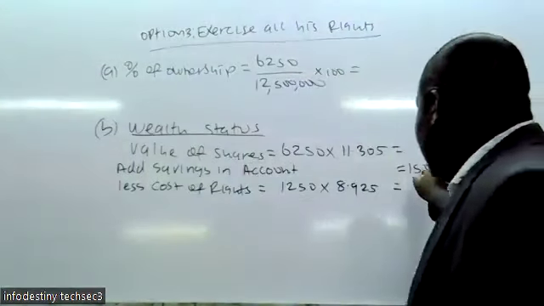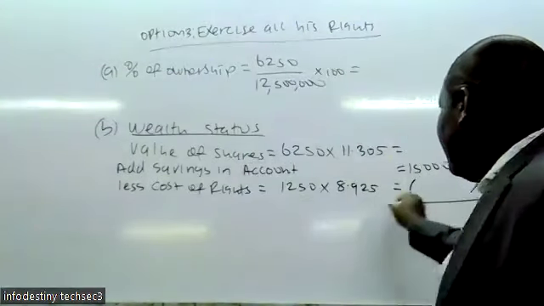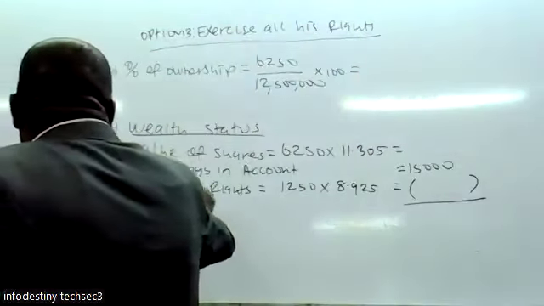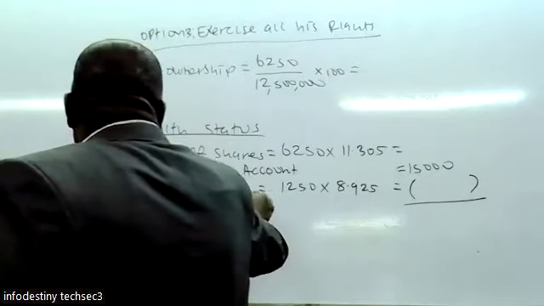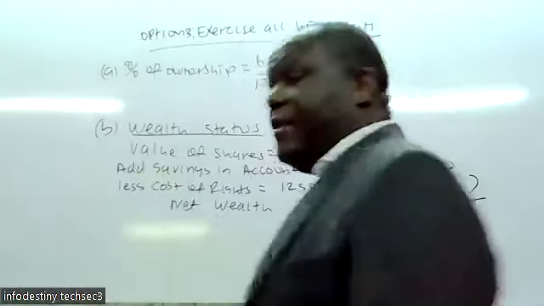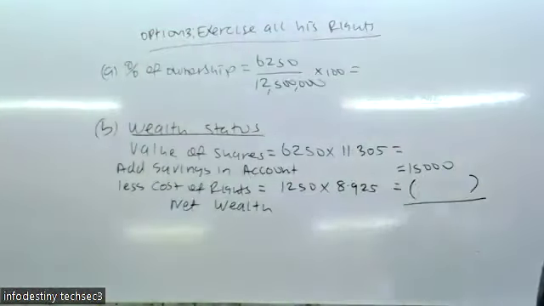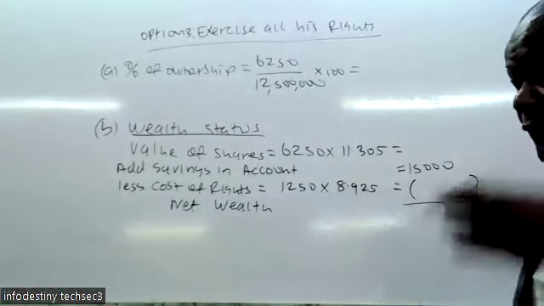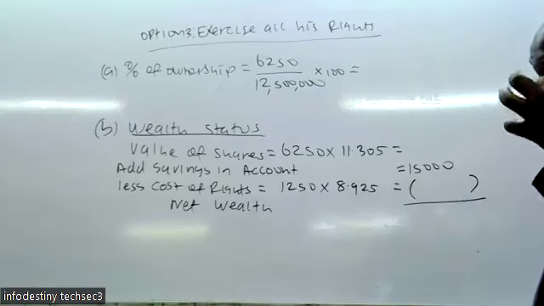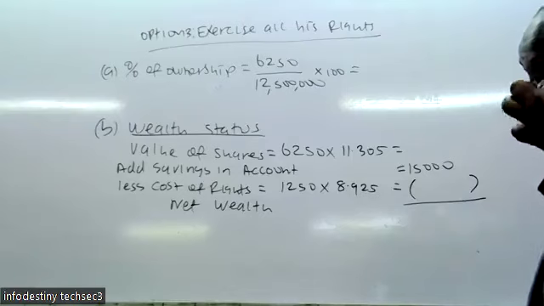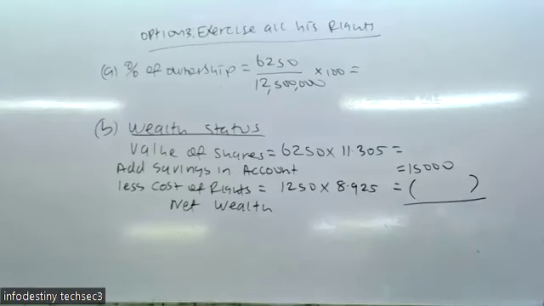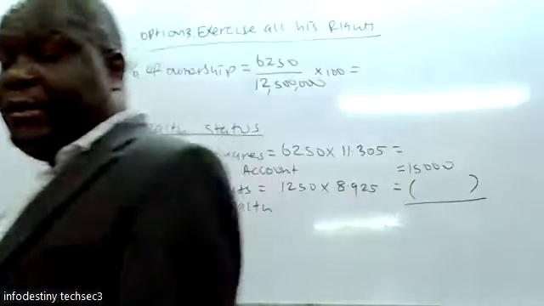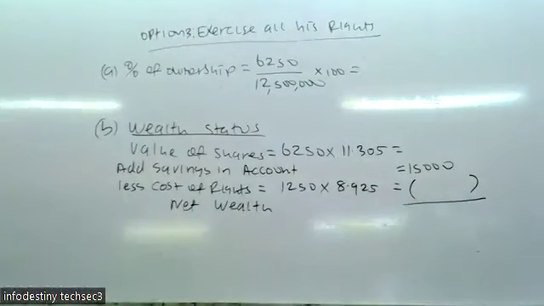So this one you subtract so that you get the net wealth. I want you to confirm whether you will get the same figure as the one before the right issue. Check that wealth to confirm whether it is the same.